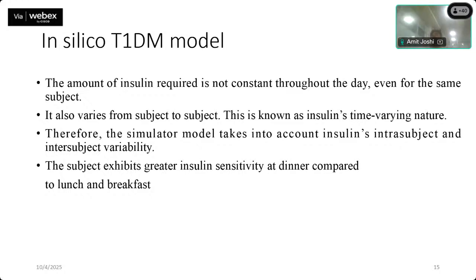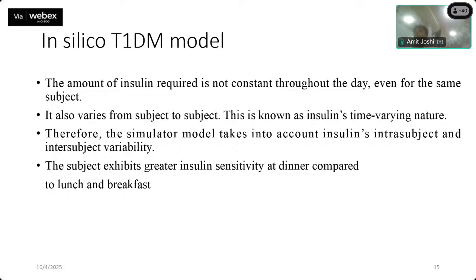So according to the glucose level, whatever insulin has to be generated also has to change throughout the day. Okay, so even for a particular subject, over a period of time, the insulin level is different because their glucose level is different. We have also observed that if I want to go for a glucose test, I will go for it 2 times in a day.